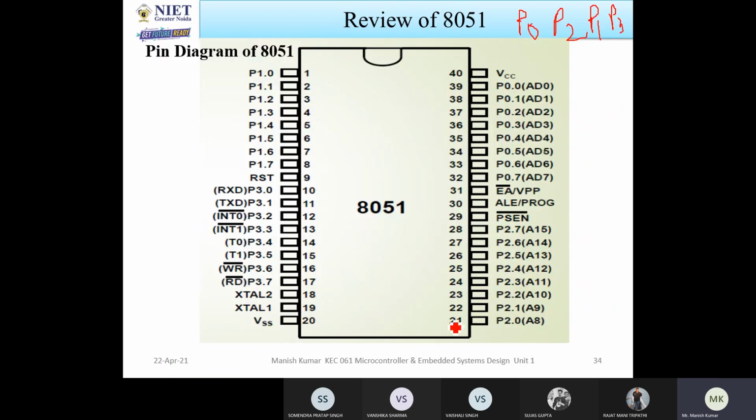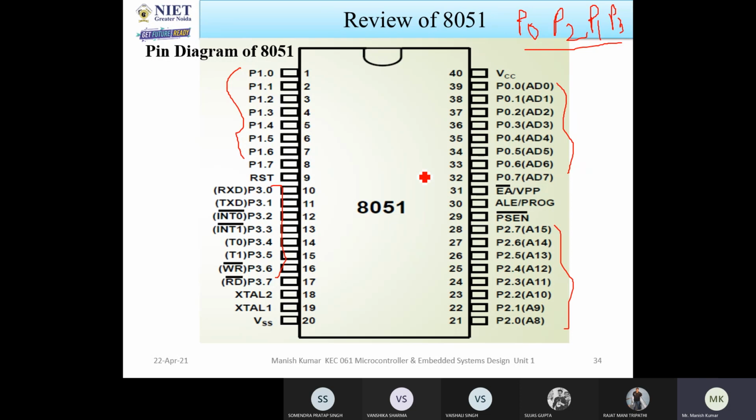Let us check it. Port 1 and port 3 are on one side, and port 0 and port 2 are on the other side. So the pattern is similar, and that's why it is written P0, P2, P1 and P3. You need not write it as P0, P1, P2, P3; it's not good.